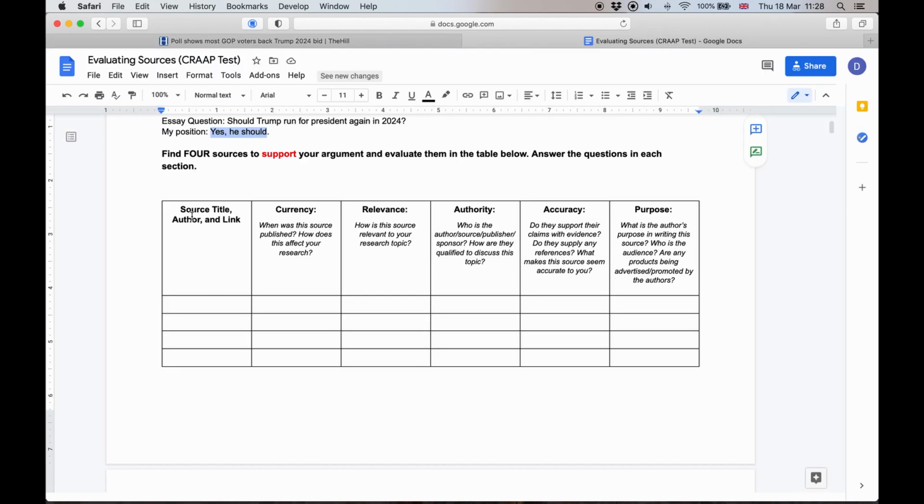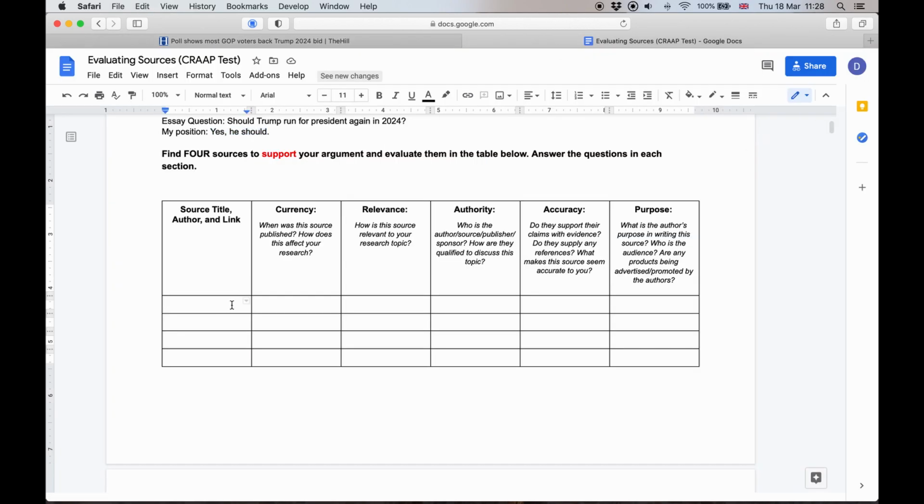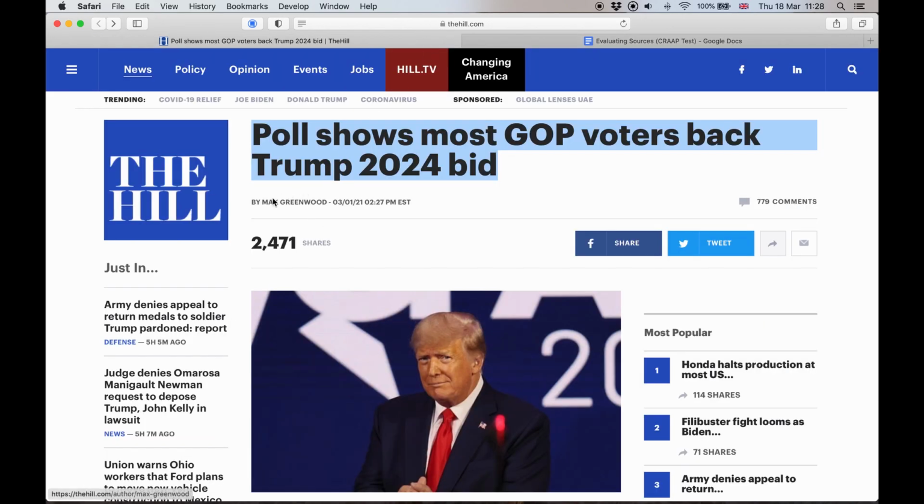First column, I need the source title, the author, and the link if it's online. Here's the title. Here is the writer's name, Max Greenwood.